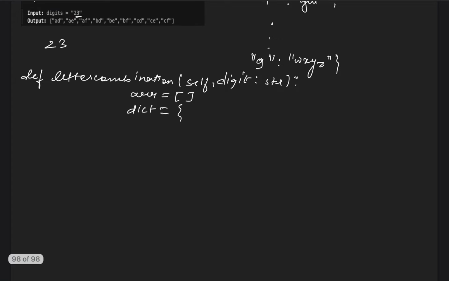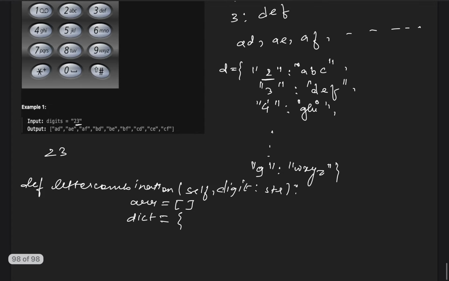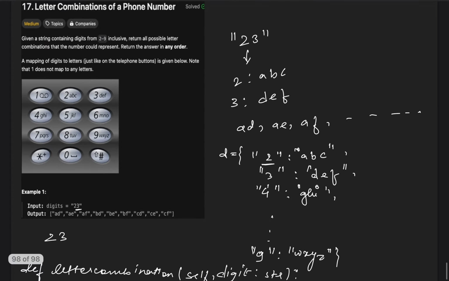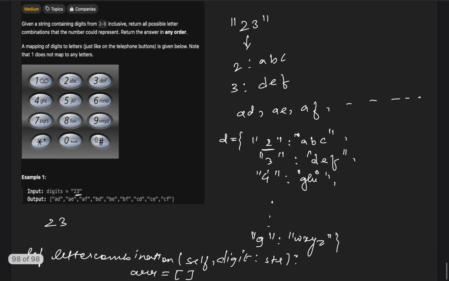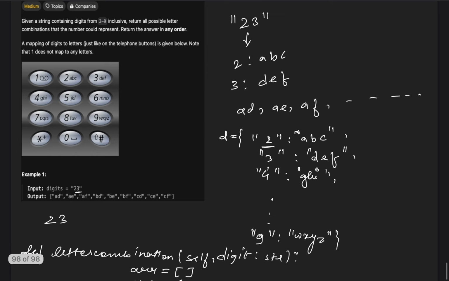In that helper function, what we are gonna insert will be an index. Initially we'll be sending a 0 index, because we'll be starting from the starting element, which will be quite easy for us.